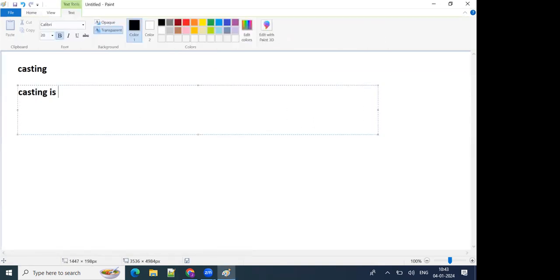Casting is the process of converting one type into another type.